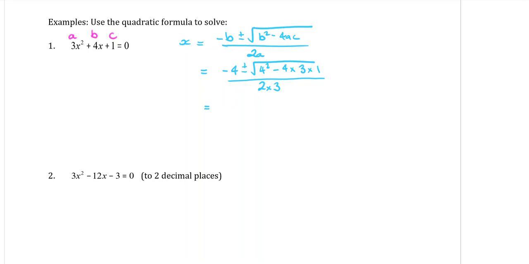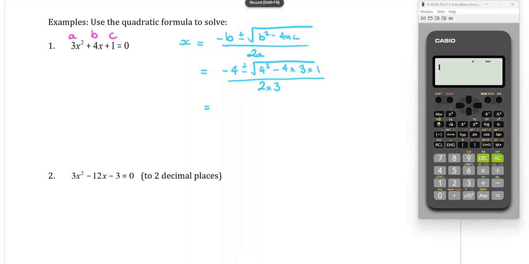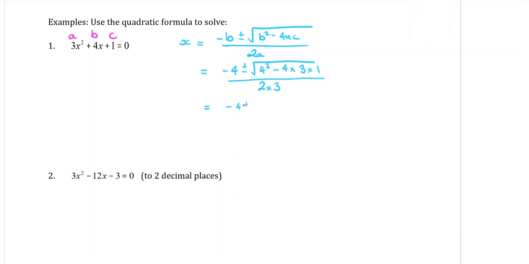Now, it's often a good idea to work out the part that is underneath your square root sign. So using my calculator, I'm going to type in the 4 squared minus 4 times 3 times 1, which gives me a 4.